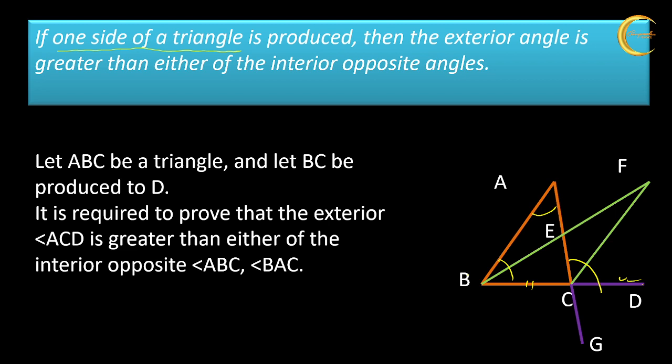This is produced, and it is required to prove that the exterior angle ACD should be greater than this BAC angle or this ABC angle. Okay, and these are the opposite of this exterior ACD angle.